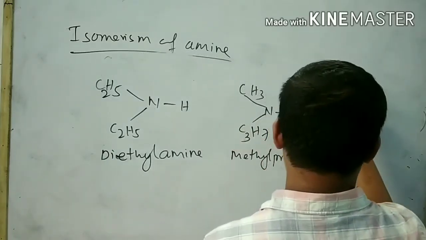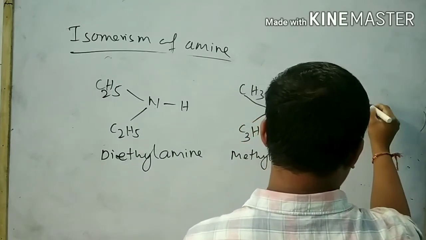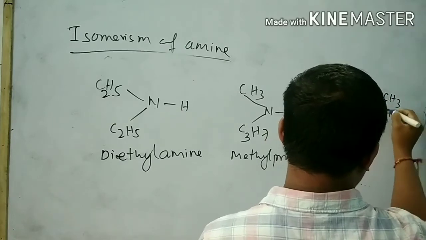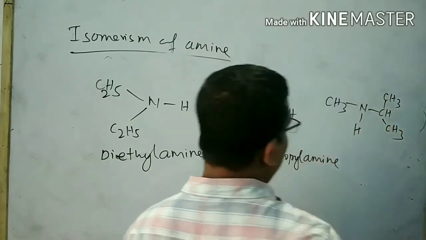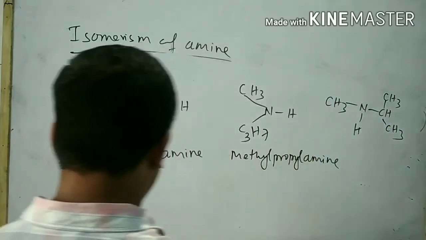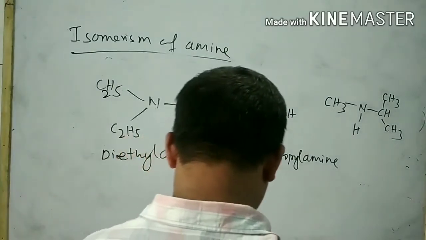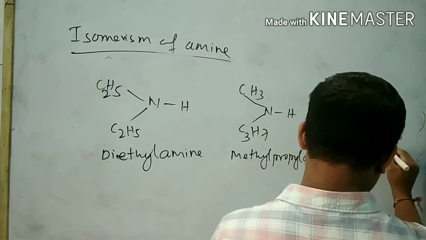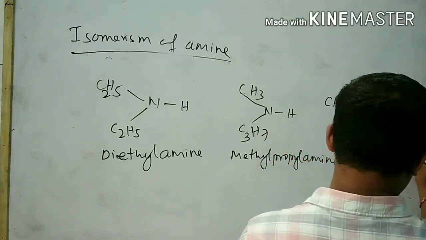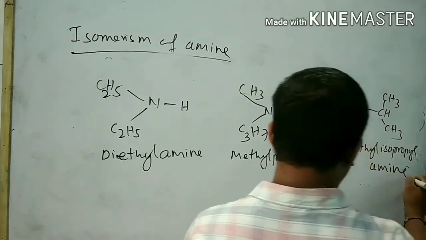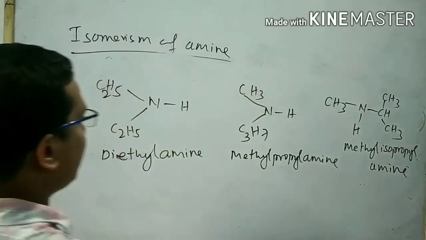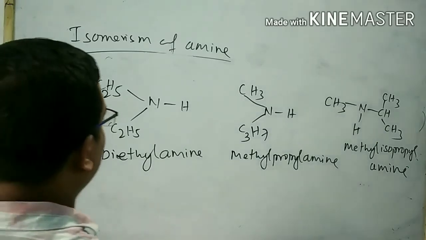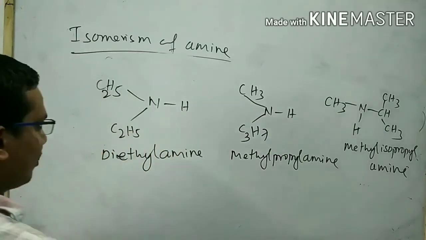Next, take CH3-NH-CH(CH3)2, with one isopropyl group and one methyl group. The name of this compound is methylisopropylamine. All three compounds have the same formula, but they differ in the environment around the functional group.